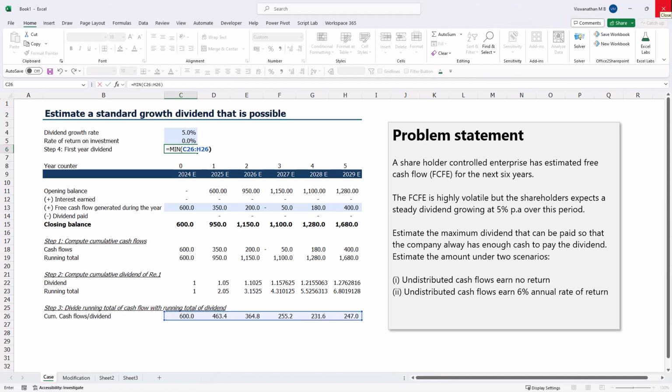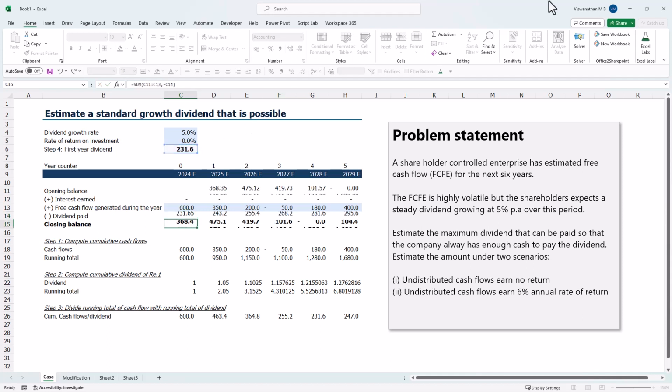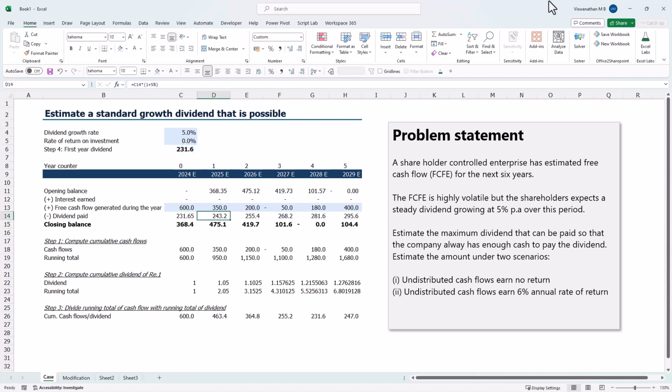As you can see here, this 231.6 which I arrived at as the answer, if I link it to the first year, it's growing at 5% subsequently, and the company always has cash to pay this. The lowest the cash balance goes to is 0 in 2028, when the cash flow is 180 in that year and negative 50 in the previous year, while we are still paying a dividend of 268 and 281.